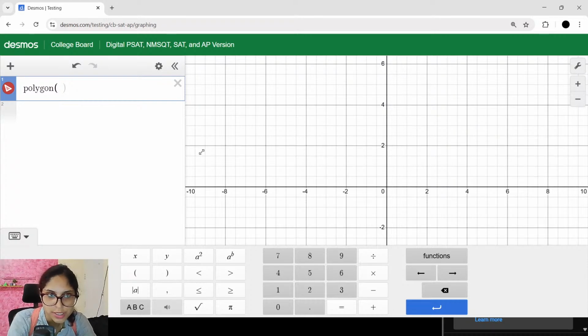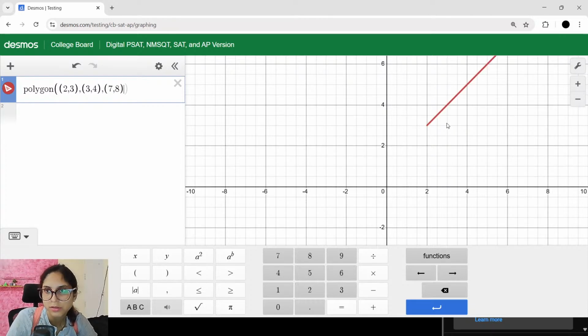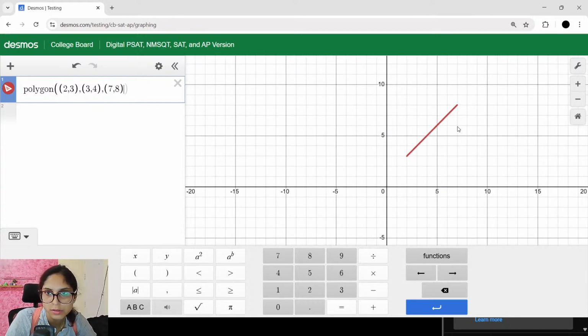Polygon. So in polygon, you just have to give the points and it will make the polygon for you over here. For example, if vertices of the triangle are given to you, okay, I think I'll change the points. Yeah. So you can see we are able to form a triangle.